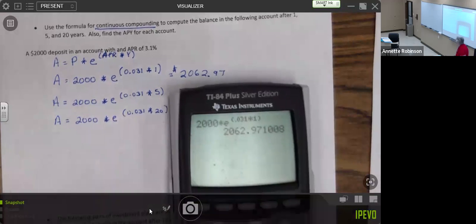You can sit here and retype every bit of that in with now a 5. But you can also hit second and enter, and it retypes the previous line. And by using your arrow keys, you can type right over that one, make it a 5, and get your answer.